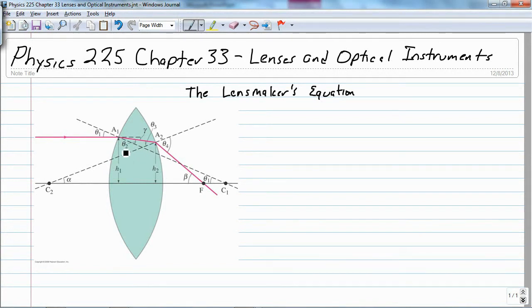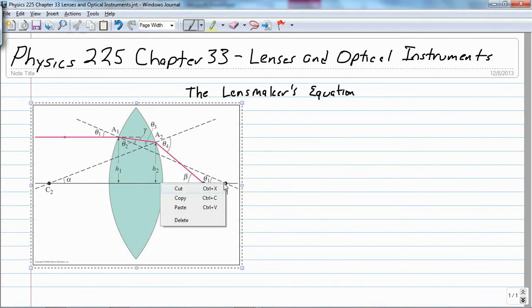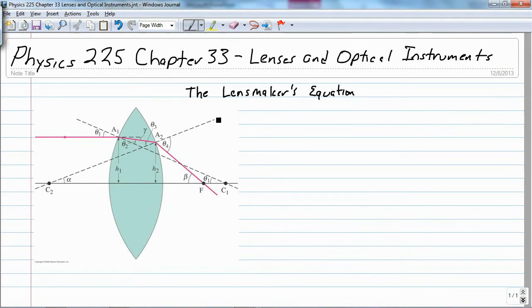So here we're using a double convex again as our standard, and notice that the way that the double convex is defined is with the C1, the center of this lens side here, on the left-hand side, this surface, and C2 refers to the right-hand side. So notice the orientation. These are considered positive, again, positive orientations.